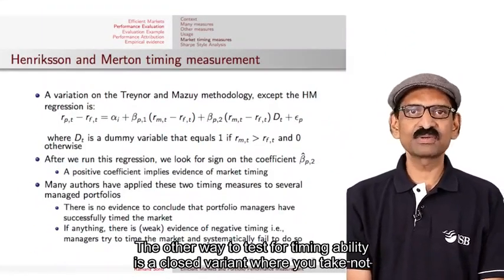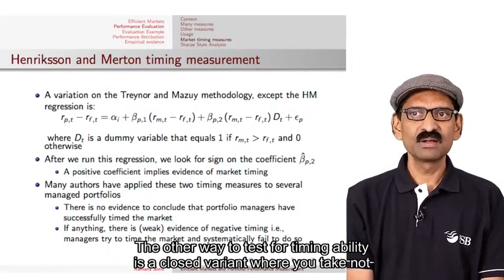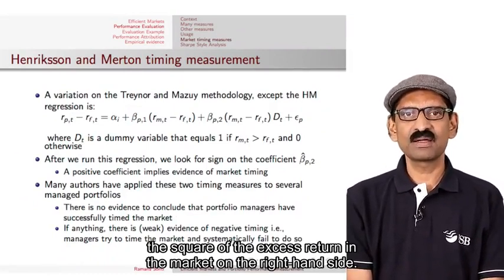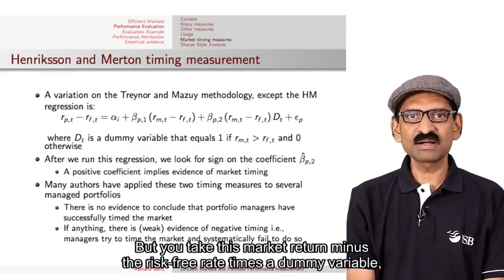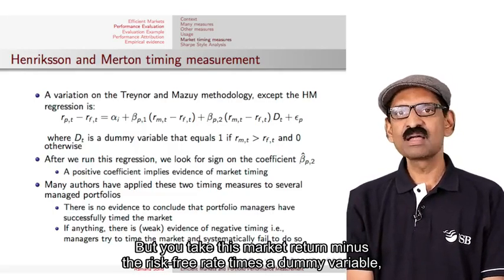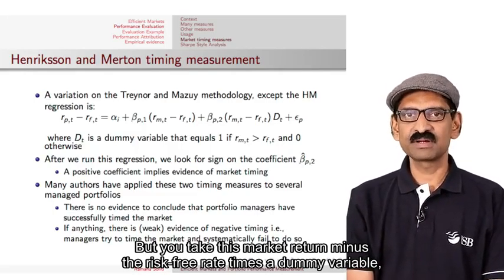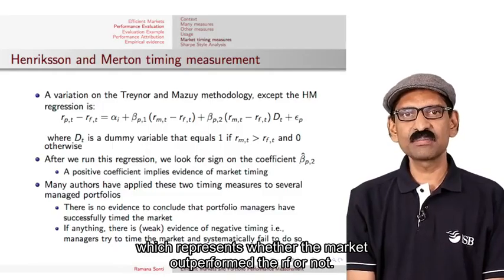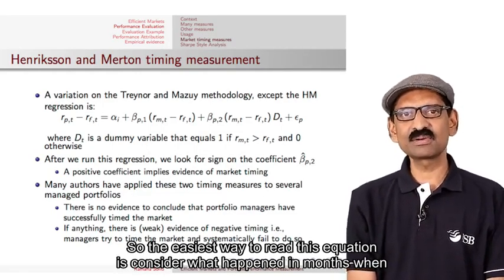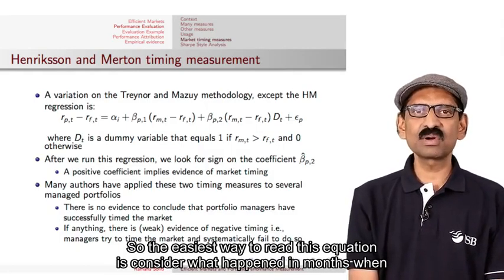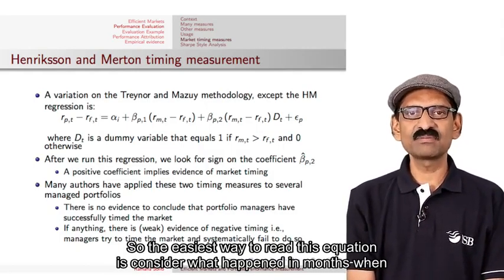The other way to test for timing ability is a closely related variant, where you take not the square of the excess return on the market on the right hand side, but you take the market return minus the risk-free rate times a dummy variable which represents whether the market outperformed the RF or not. So the easiest way to read this equation is consider what happened in months when RM was greater than RF.